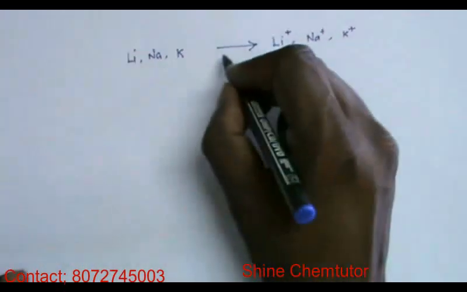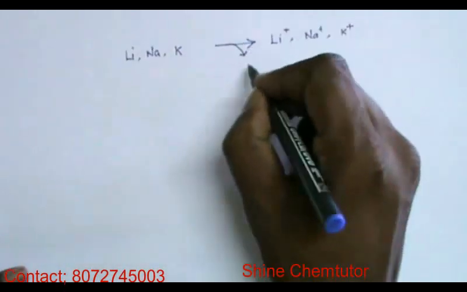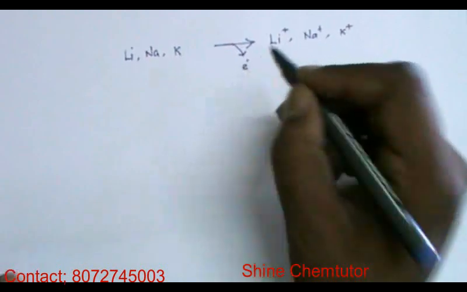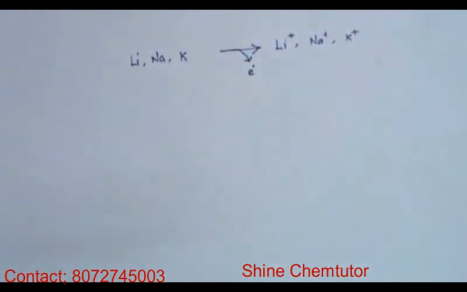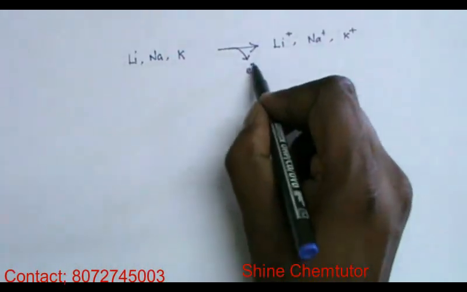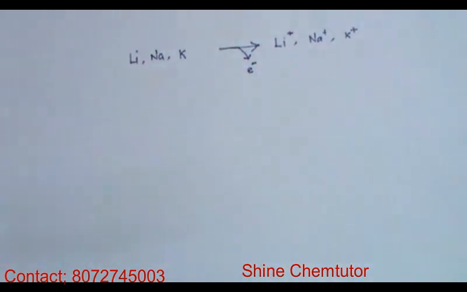That means they lose 1 electron. I use this term to keep it easy. So it is 1 electron, not 1 negatively charged species. It is not a lone pair. It is 1 electron.